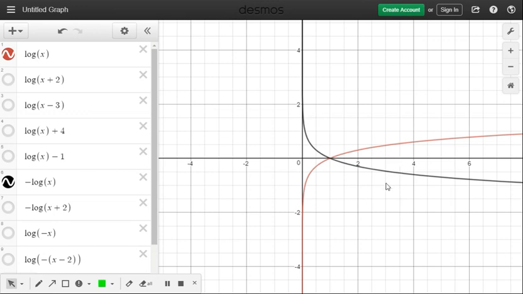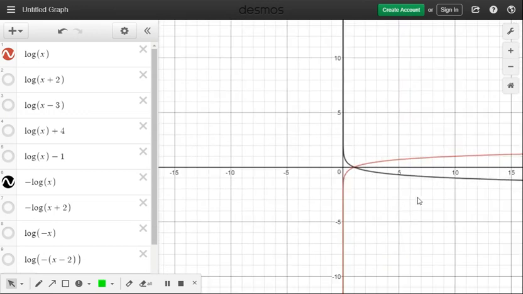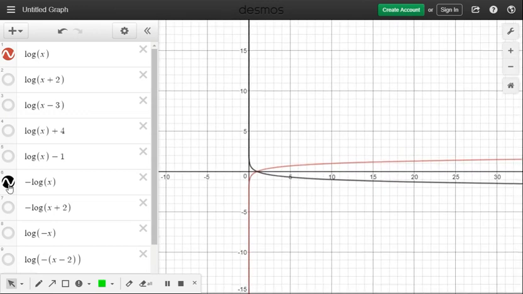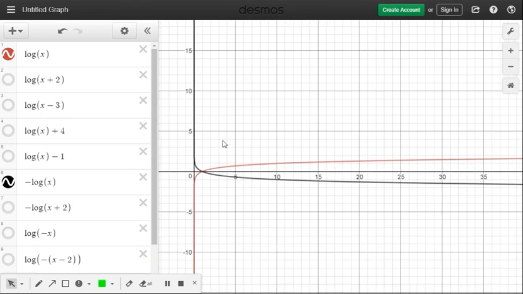So here's the black graph. Let me turn off and then turn back on. Here's the black graph, and it seems that it flipped or reflected over the x-axis.